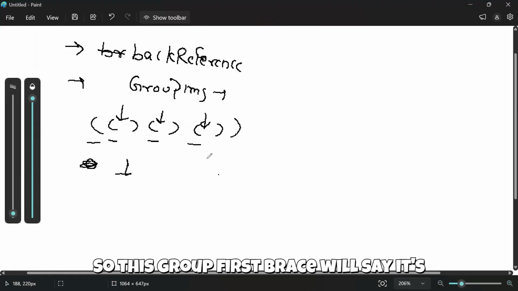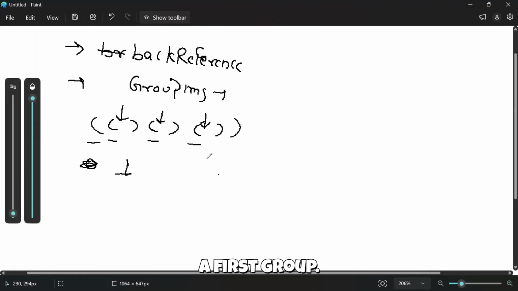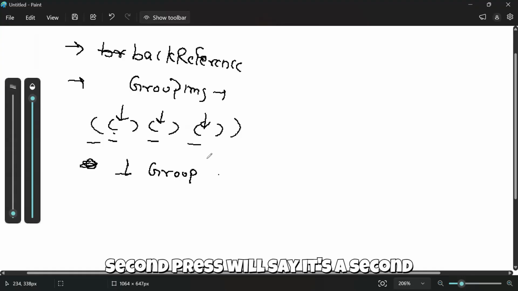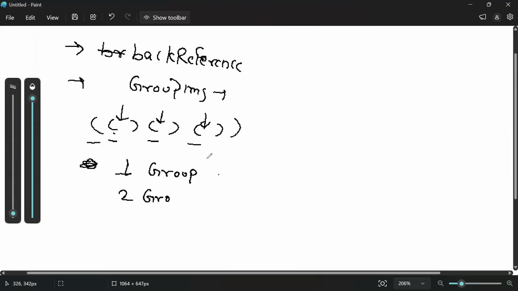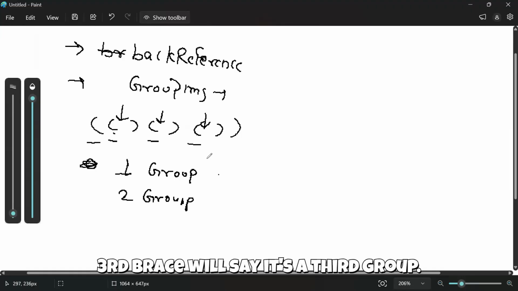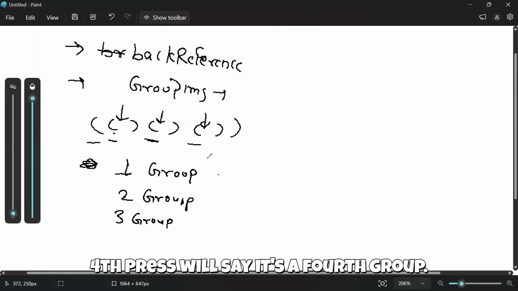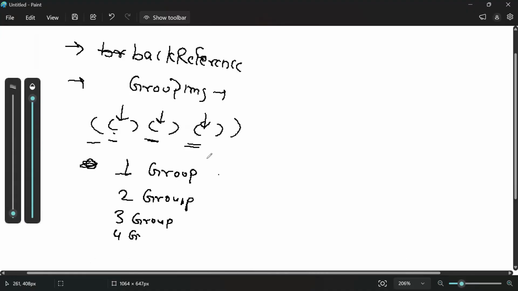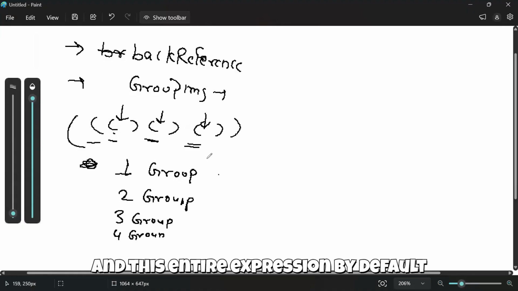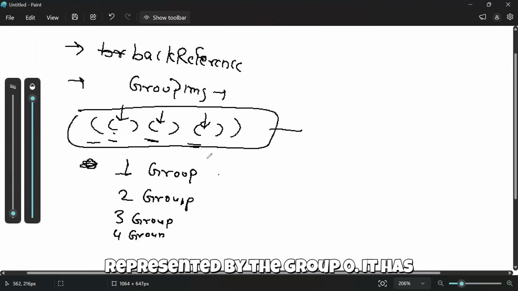So this first brace will say it's the first group. Second brace will say it's the second group. Third brace will say it's the third group. Fourth brace will say it's the fourth group. And this entire expression by default is represented by group 0.